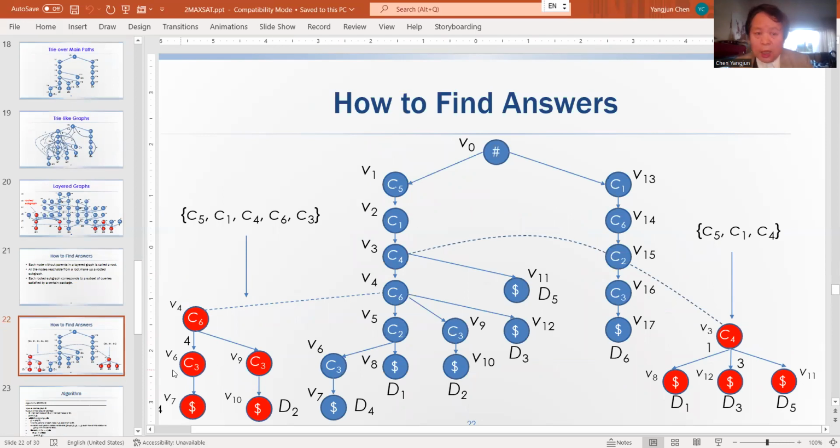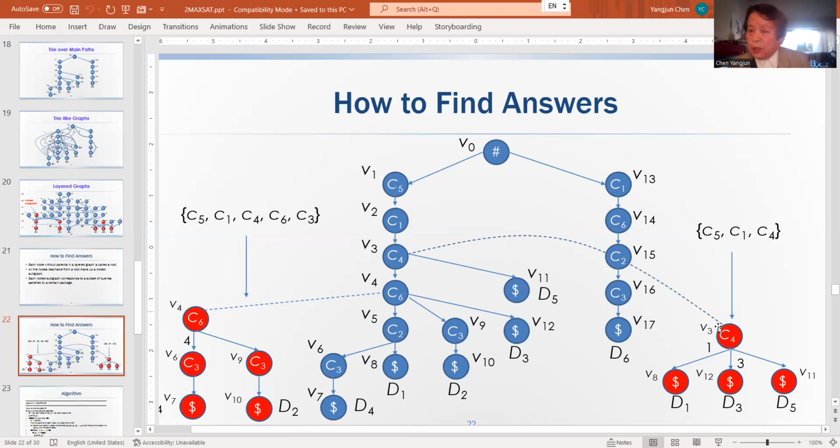You can see that by this rooted subgraph, we identify a subset which contains two conjunctions, D2 and D4, which can be satisfied by a truth assignment represented by this set of variables. That is, any variable in this set will have value equal to 1, while all the other variables not appearing in this set will have value equal to 0.